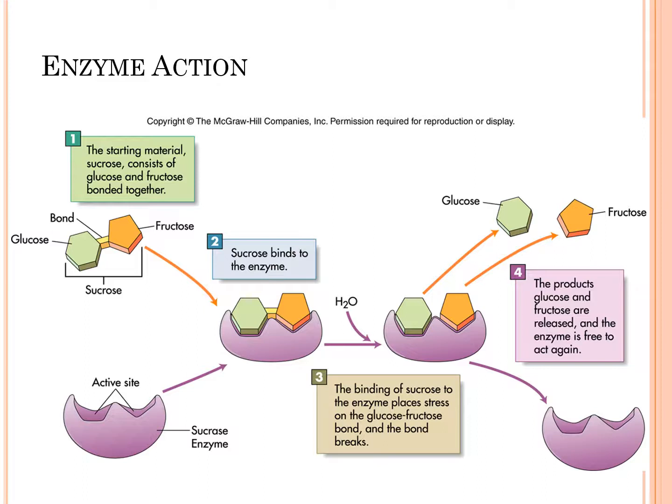This is now small enough, glucose and fructose, that it can be absorbed and pass through the wall of the small intestine for the most part and make its way inside the body. Now, here's my enzyme. It's now empty and it's ready to go to work and repeat this action again.